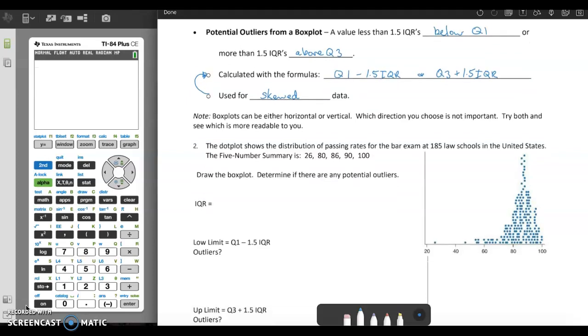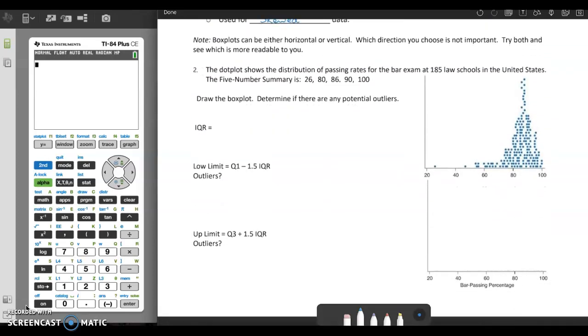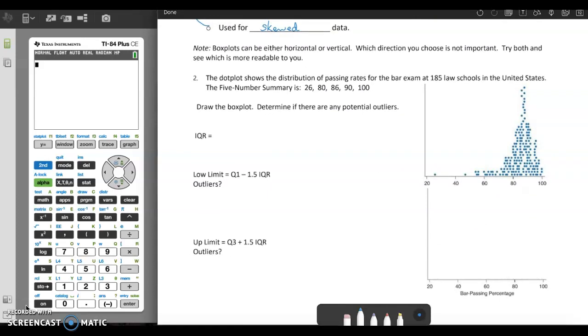Okay, so we have, for our example, a dot plot here showing the distribution of passing rates for the bar exam at 185 law schools in the US. And we have the 5-number summary. So they have already told us that the minimum value is 26, that Q1 is 80, that the median or Q2 is 86, that 90 is Q3, and that the maximum value is 100.